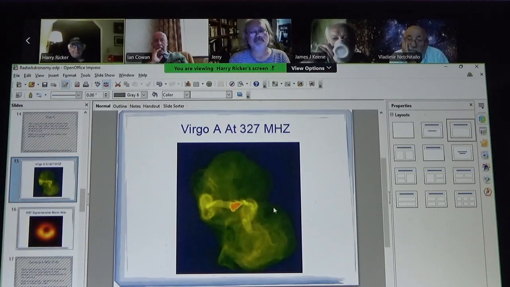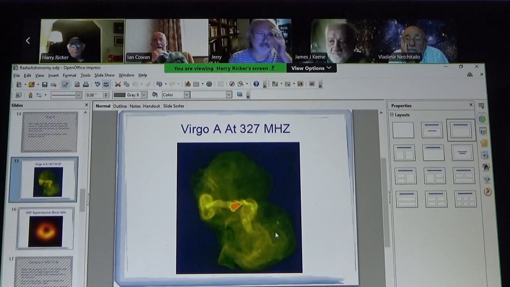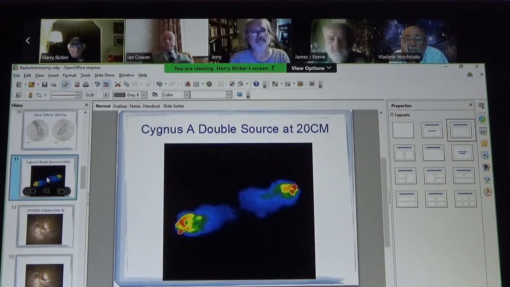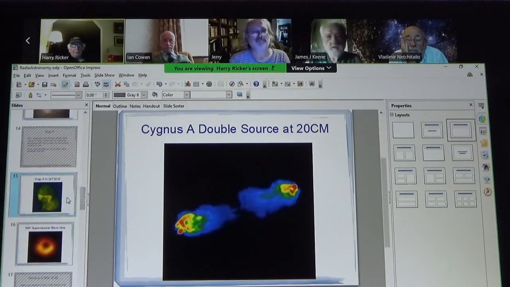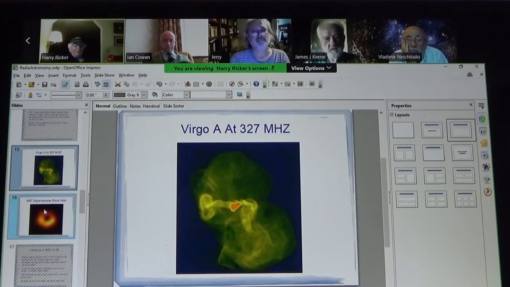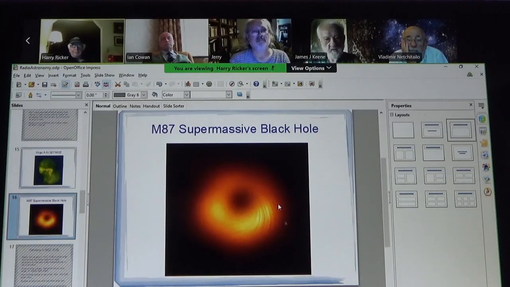Here's Virgo A. It doesn't even look like Cygnus A. Cygnus A is a double source, and Virgo A doesn't look like it. That's something different. That's a donut with a hole in the middle.